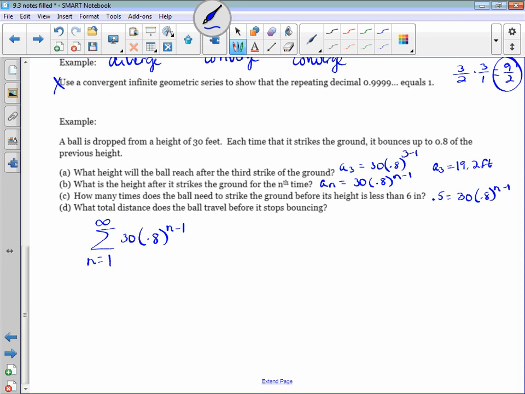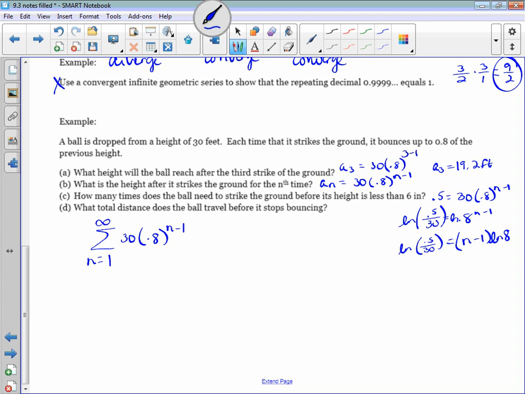Okay, so the height was initially in feet, right? 30 feet. And then it says when is its height less than 6 inches? That's half a foot, so we're putting 0.5 in instead. So you'd have 0.5 over 30 equals 0.8 to the n minus 1. Then you could take the natural log of both sides. So natural log of 0.5 over 30 equals n minus 1 times natural log of 0.8.